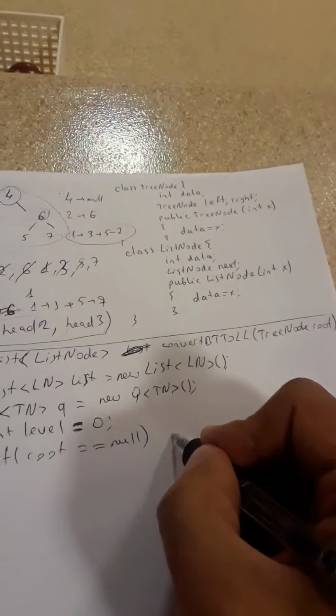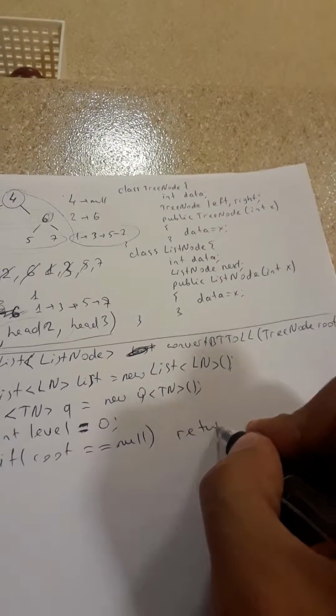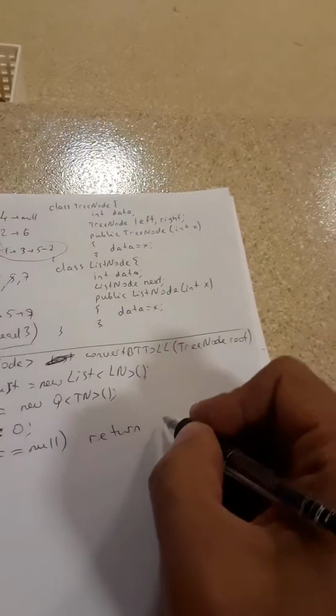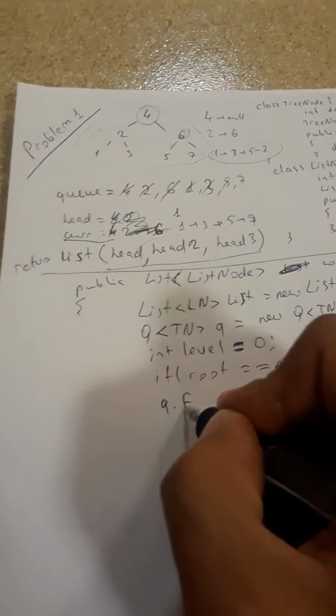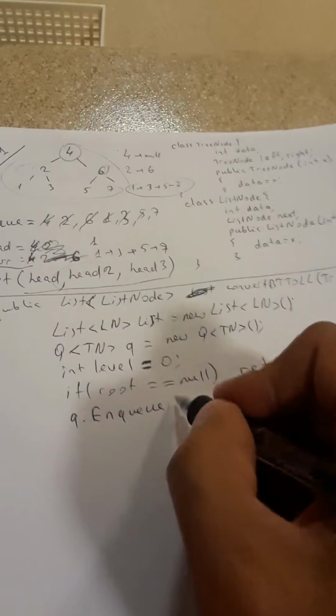If it's null, we will just return null, like an empty list. Otherwise, we will push the root value to our queue first.